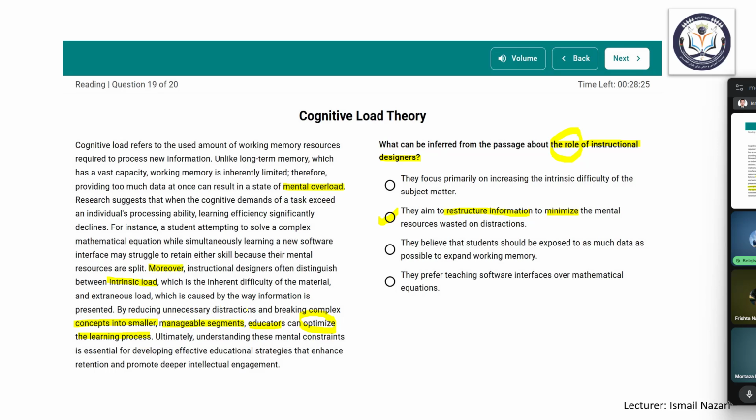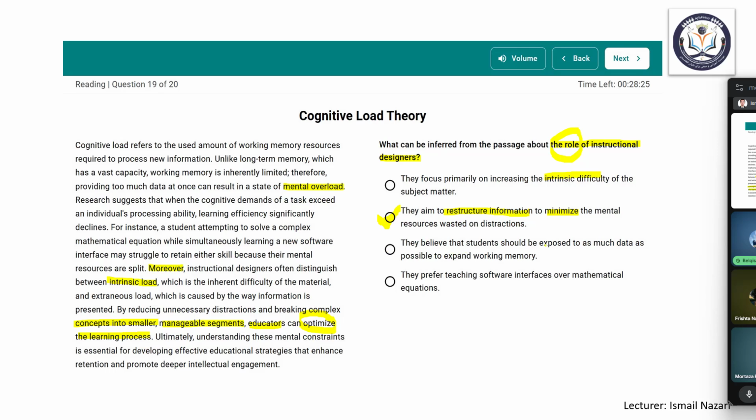So just unnecessary distractions, breaking complex concepts. Yeah. So if you put them together from the first part, which was about the long-term memory and working memory and how it causes mental overload, then the correct choice would be B, because its main role is not to focus on the intrinsic difficulty. So yeah, A is not right.